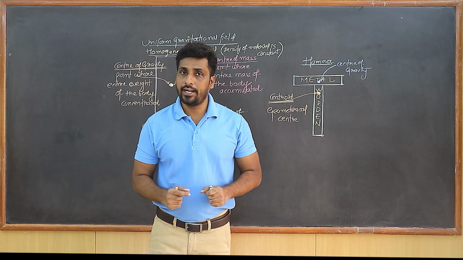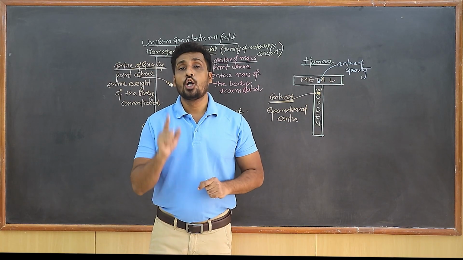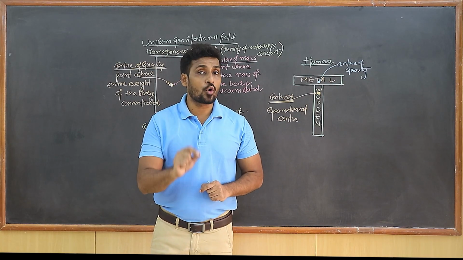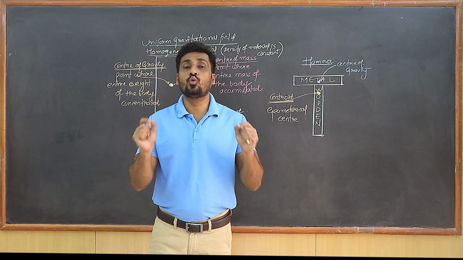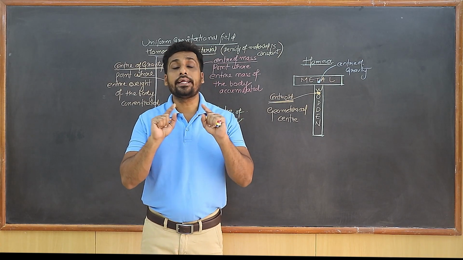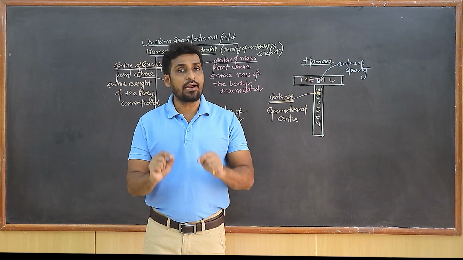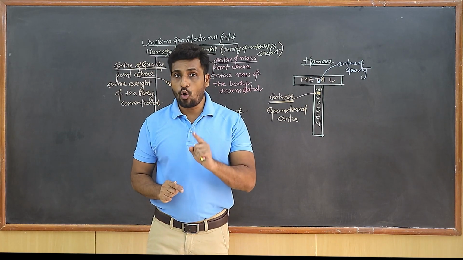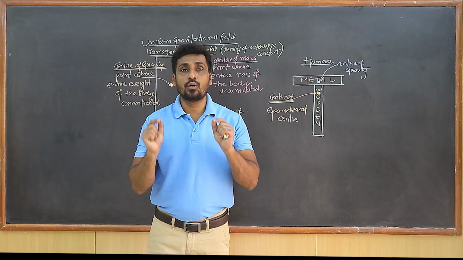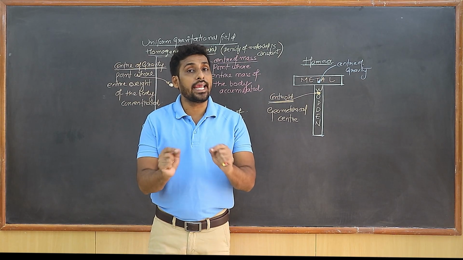Now let's proceed ahead with some standard shapes to understand the centroid. Now remember, in our syllabus, we always have to assume that the material is homogeneous and it is kept in uniform gravitational field. That means the centroid and center of gravity of the body is going to be one and the same points.